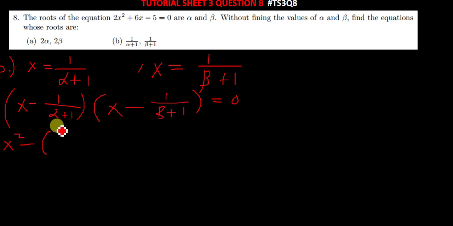So I multiplied these two and then I factorized the negative, and then I remained with 1 over alpha plus 1, then a plus there, 1 over alpha plus, oh sorry, this is supposed to be beta plus 1.